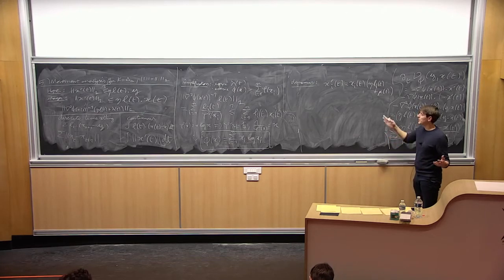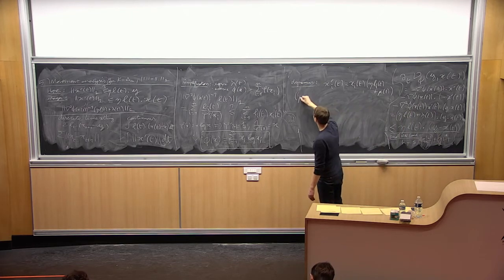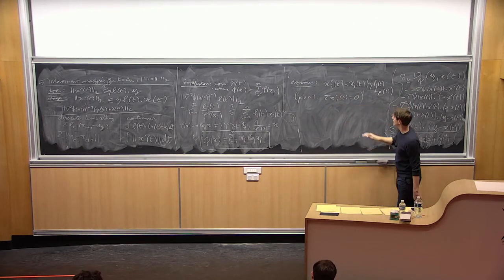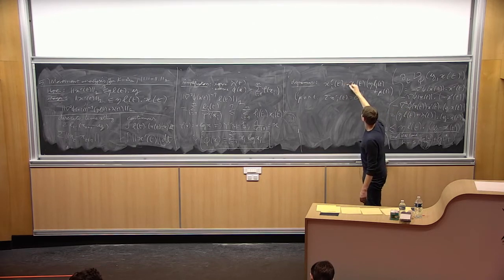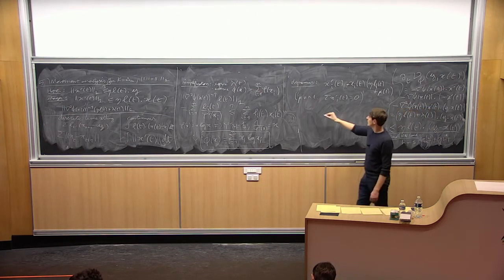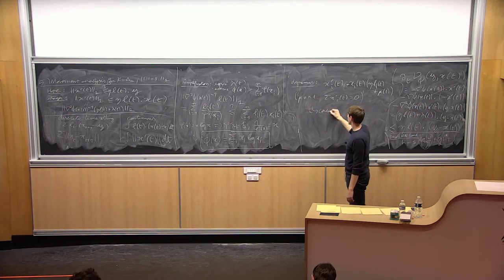Mu is the Lagrange multiplier such that the sum of the derivative is 0. Okay, mu is such that the sum of the x_i prime is equal to 0. And there should be a minus. So you see, I'm just decreasing at a rate which is proportional to how much loss I'm suffering right now, which is exactly the same thing as what we're doing in multiplicative weights, just a continuous time version. Okay, so this is a continuous time multiplicative weights.